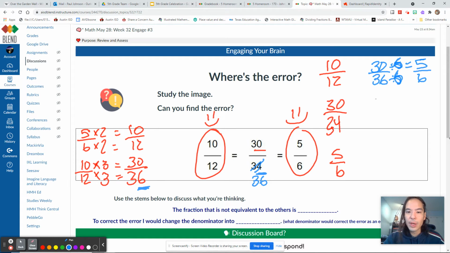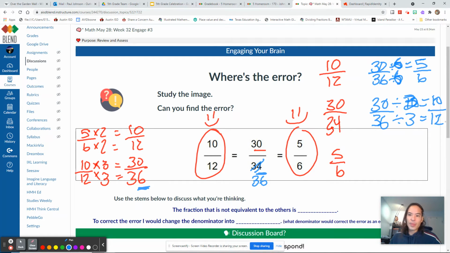Or if we took 30 36ths and divided by 10, actually, that wouldn't work. Divided by 3. 30 divided by 3 is 10. 36 divided by 3 is 12.